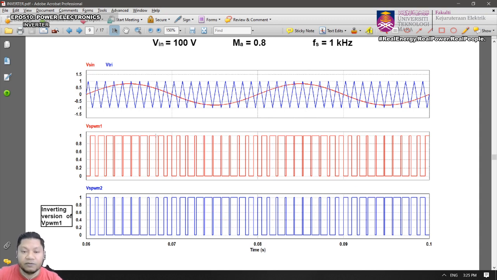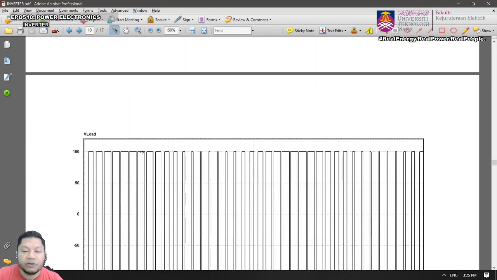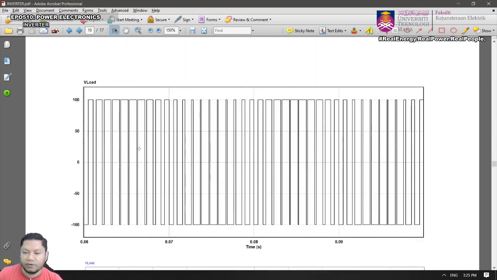Right? So therefore, if you look at the output voltage now, it will consist of this waveform. Compared to just now, if you look at the unipolar PWM, your output is sort of, if I can redraw that, it will consist of this type of waveform, isn't it?